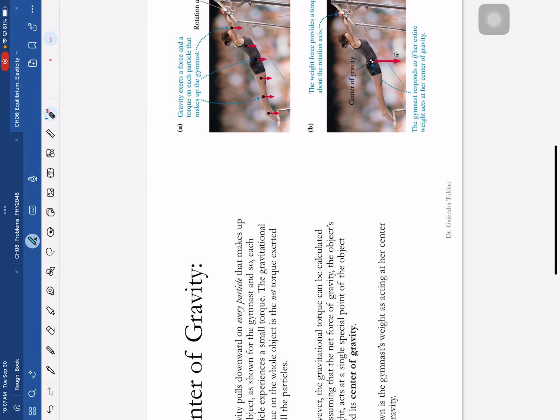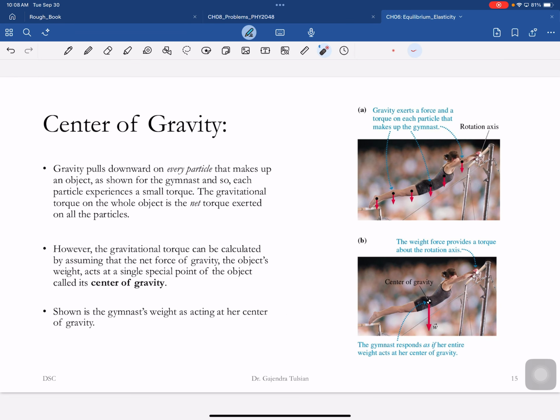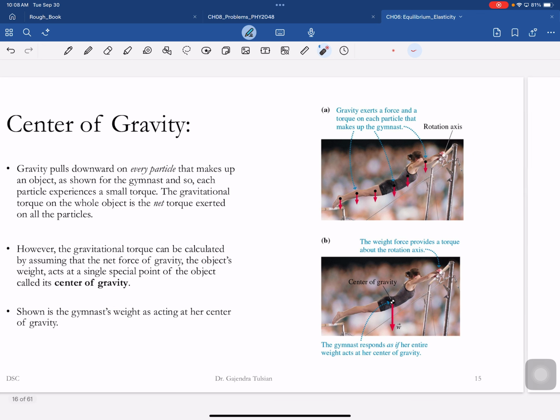For instance, your footprint is there, and for you to balance, what needs to be true? Your center of gravity needs to be above your footprint. If your center of gravity comes out of your footprint, you fall. So shown is the gymnast's weight acting at her center of gravity.